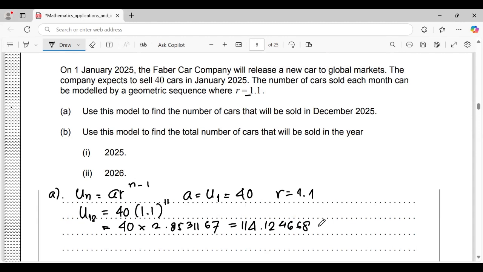Because this is regarding cars, there is no decimal number, so it is rounded to 114 cars.